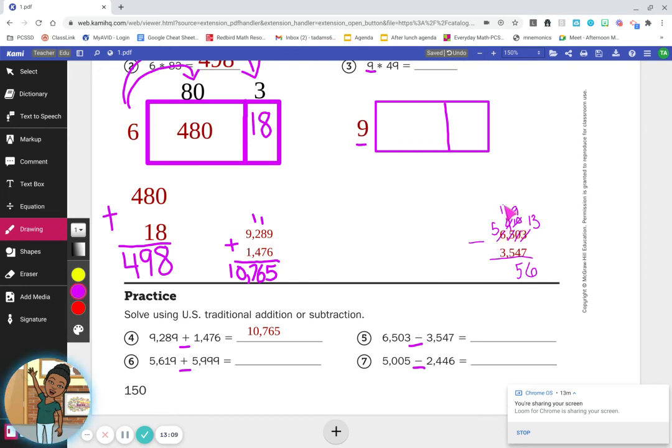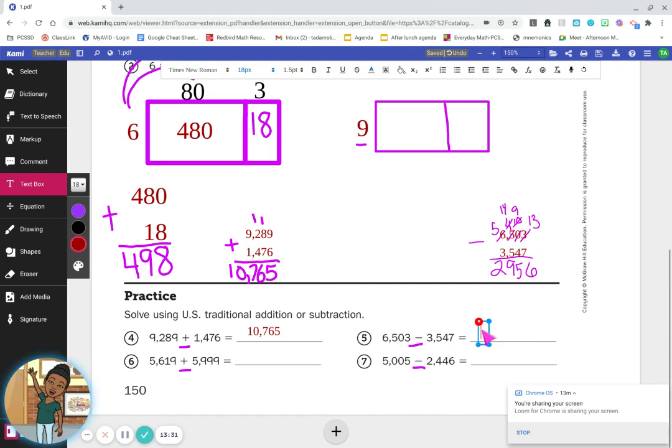And then 14 in my hundredths place. 14 minus 5 equals 9. 5 minus 3 equals 2. So I'm going to use the text box, neatly write my answer on the line, 2,956.